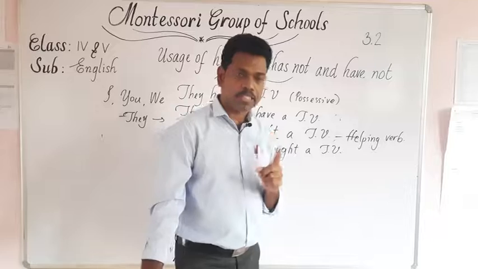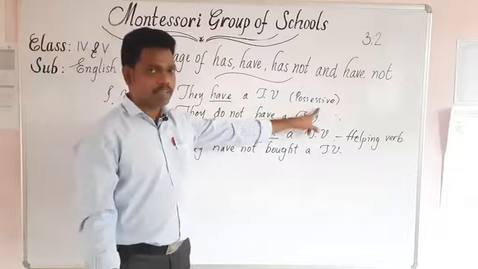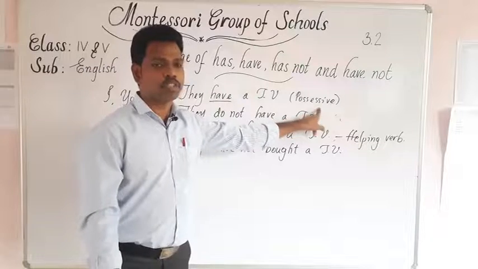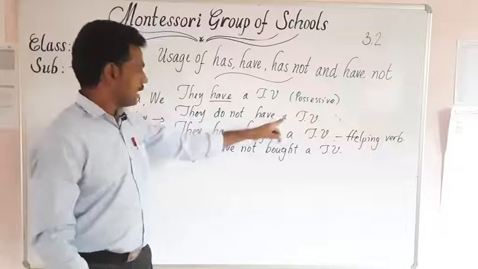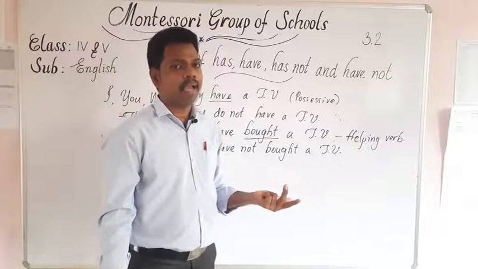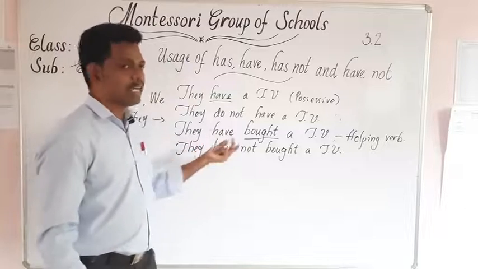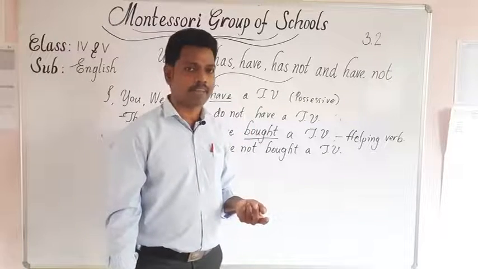When the subject is plural and the case is possessive, we can't simply change them into negative like have not. It changes like do plus have. And in plural form, when the subject is plural, do not plus have.